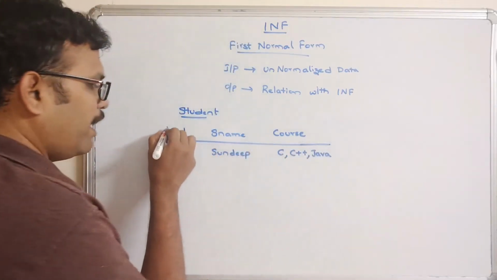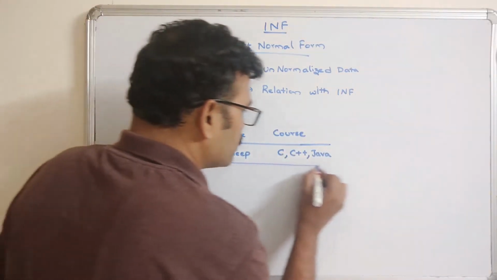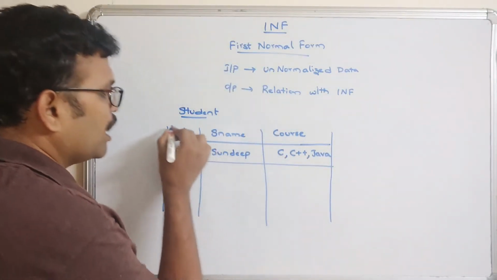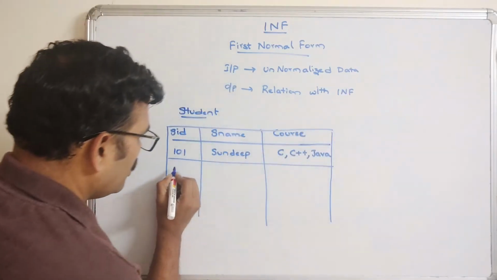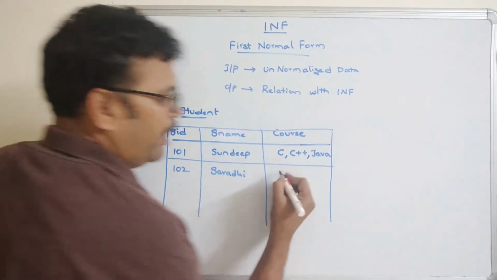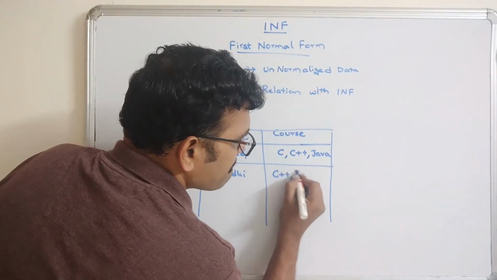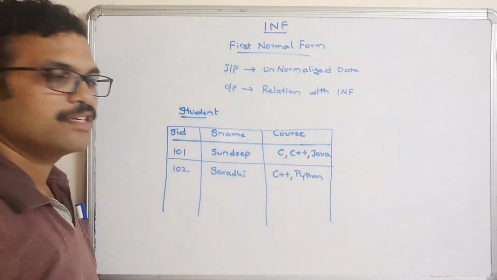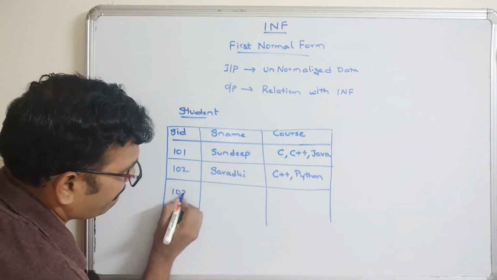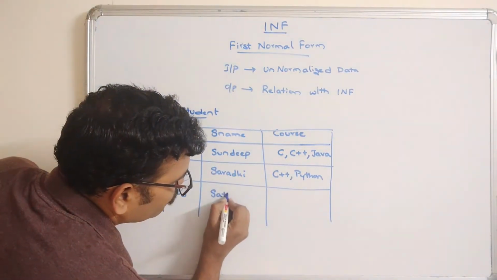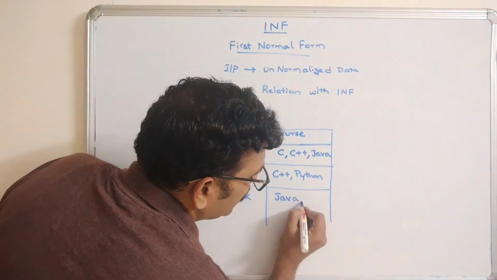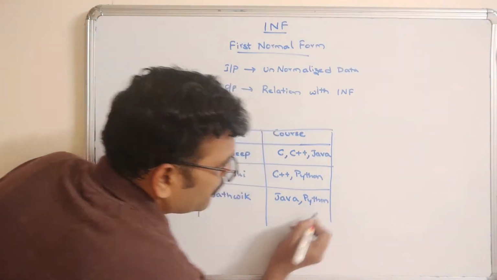So one student enrolled in multiple courses. Next, the second one, 102, the student is Saradhi, enrolled in C++ and Python. Let us take the third one, 103, Satvik, enrolled in Java and Python.